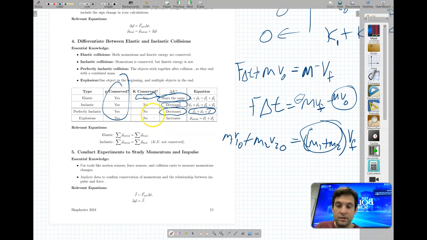And for the explosions, kinetic energy is not conserved because it changes. In fact, our kinetic energy is going to increase because of some potential energy being released from within the system.